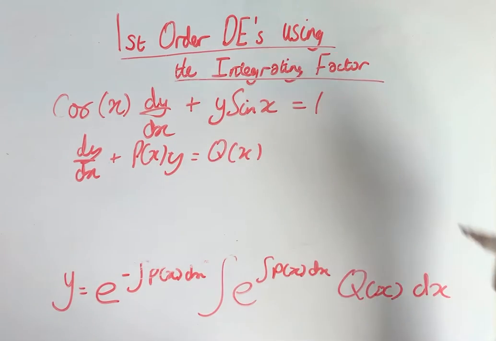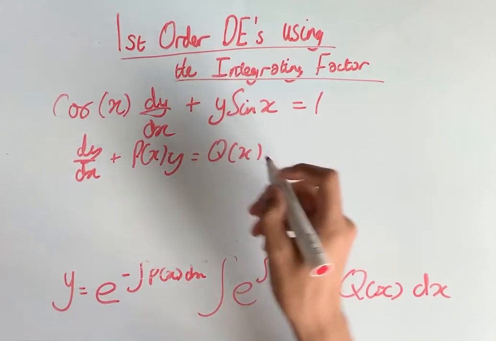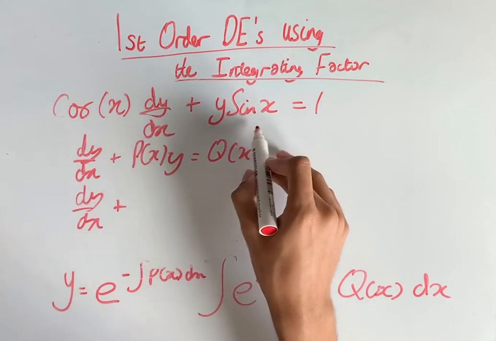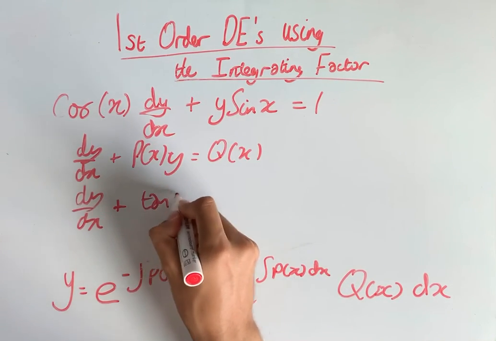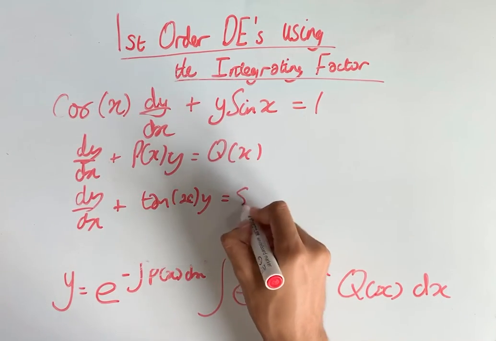We see that this is almost the form we want it in, but there's a cos over here. So what we're going to do is divide this entire equation through by cos x, and we get dy/dx plus sin x divided by cos x, which becomes tan x, so it's tan x times y, and 1 over cos x is sec x.